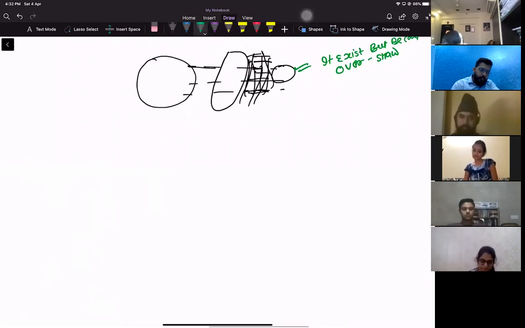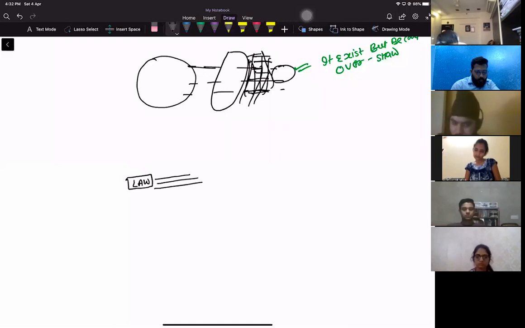Suppose an enactment is going on, a law. This is a law. Law is going on, and this is how this law is going on into the society. Achanak se what has happened?